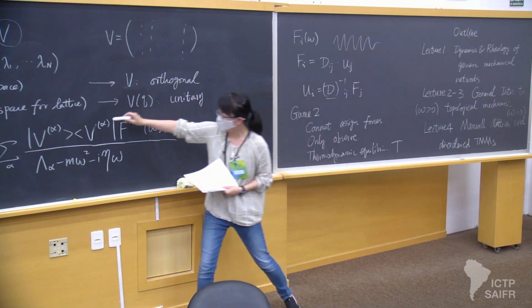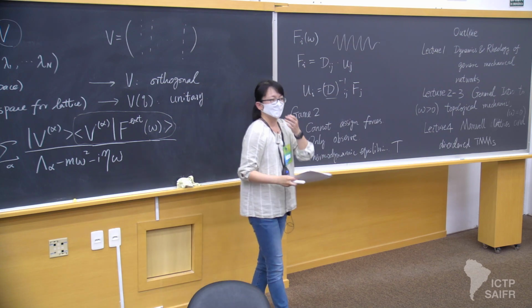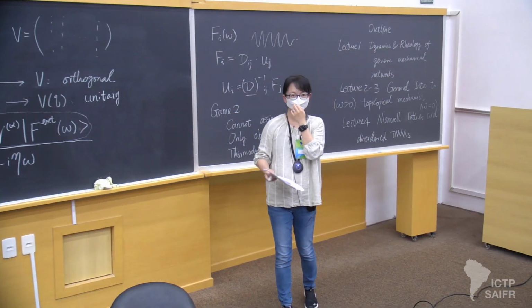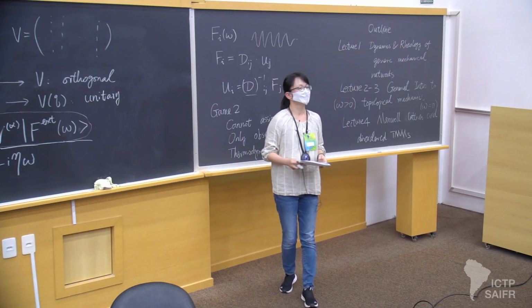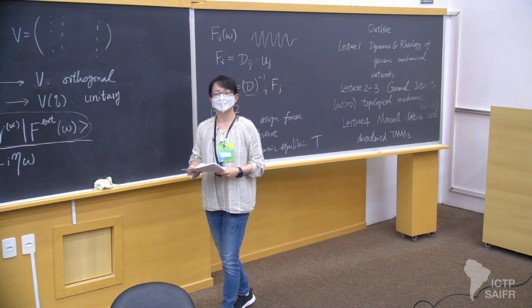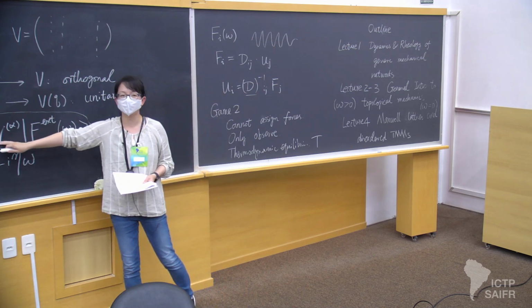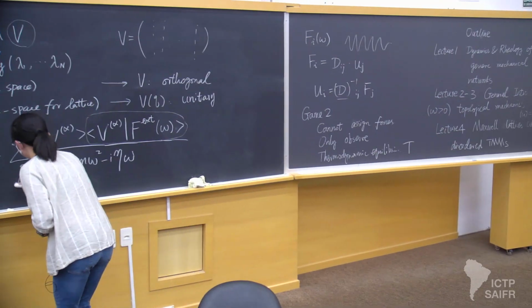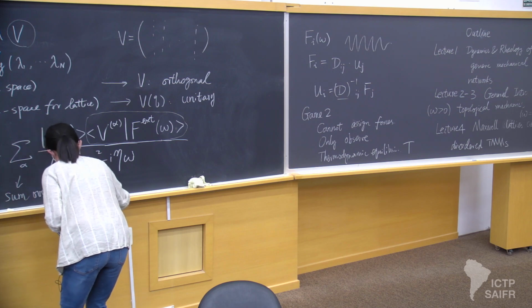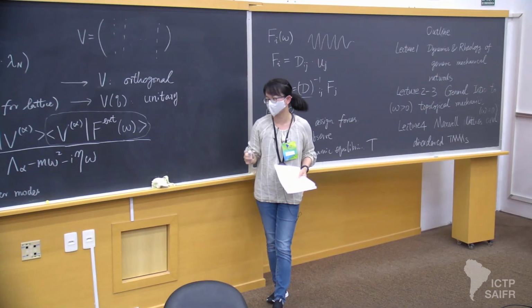What is this part of my answer? Yes, it projects the external force onto a normal mode, alpha. So alpha is a sum over normal modes, and the modes are the eigenvectors of the D matrix, right?